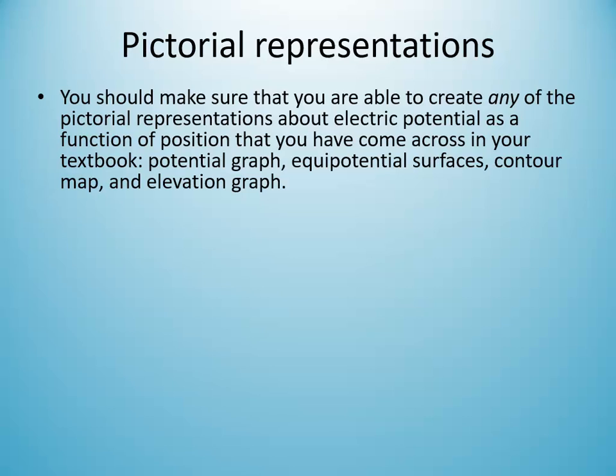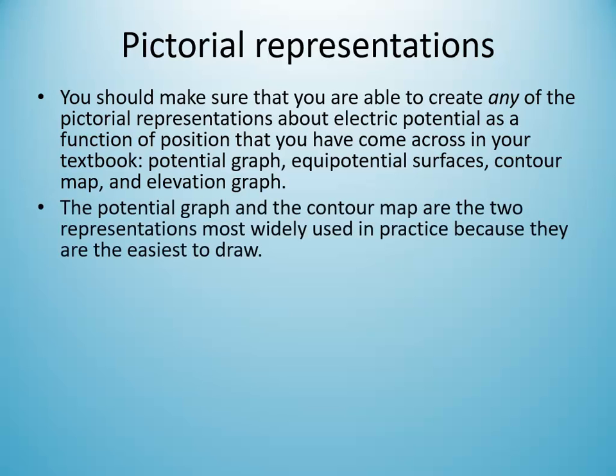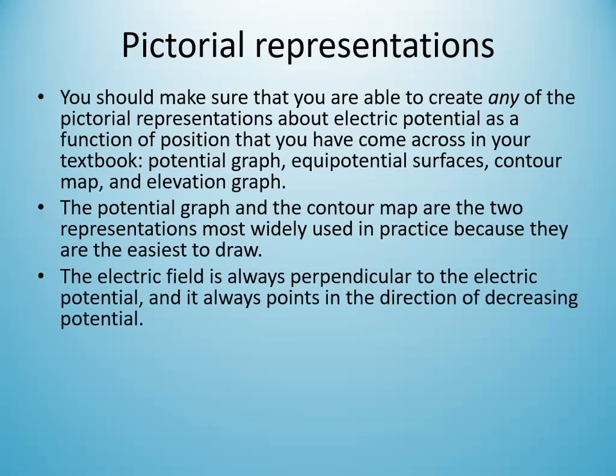Now, more about pictorial representations. So, equipotential surfaces are a very common tool that physicists and engineers use to visualize what's going on with electric fields. So, the potential graph and the contour graph are two representations that are in such common use because they're actually very easy to draw.